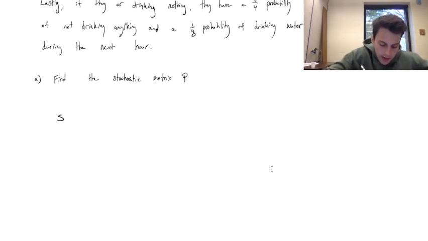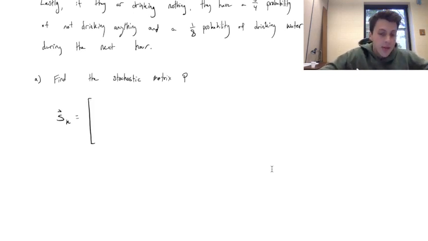Our state vector here, or our probability vector, not steady state vector, is going to take the form of t_k, w_k, and n_k, for nothing.